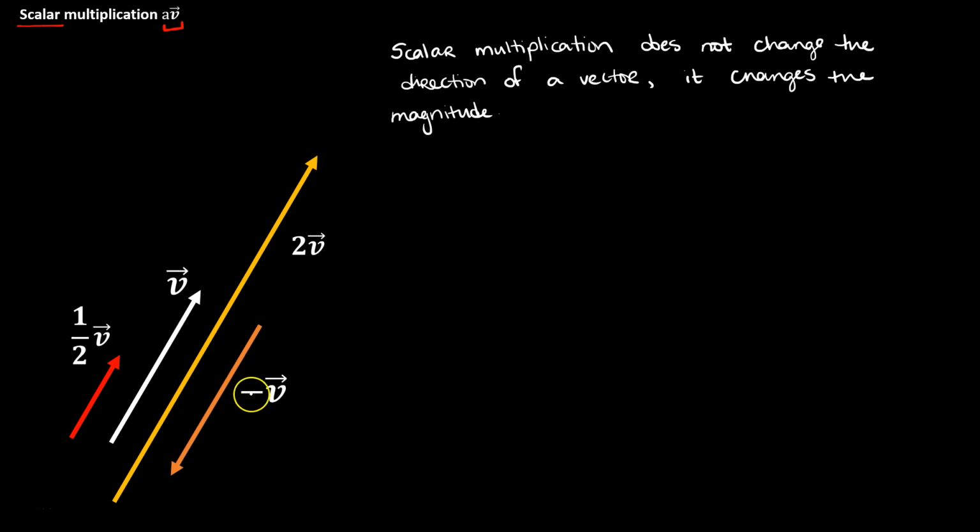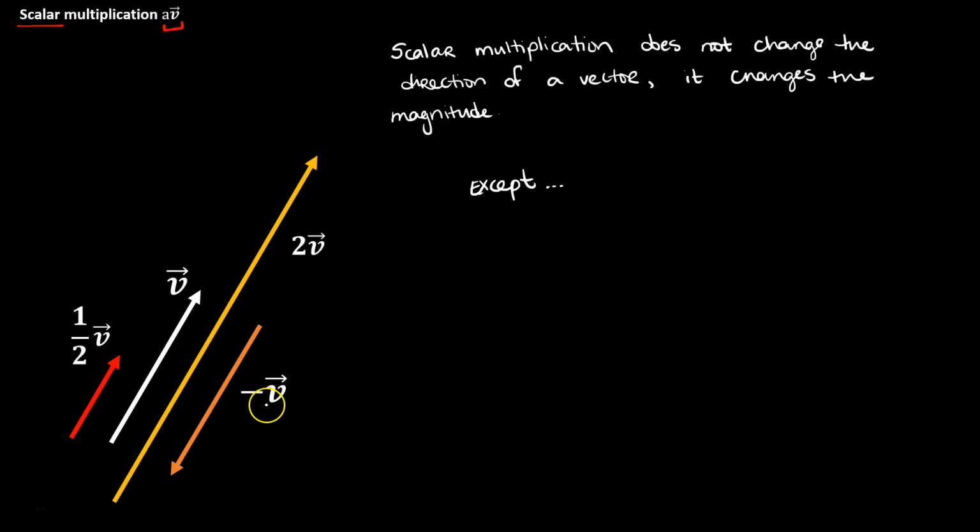But then I do have this one special case. When we multiply by a negative number, it does flip the direction of the vector around. So when I say that scalar multiplication does not change the direction of a vector, I mean that it doesn't rotate it.